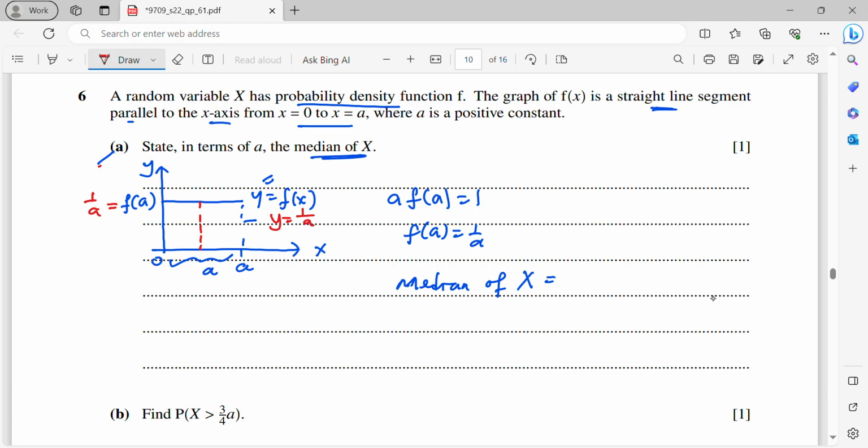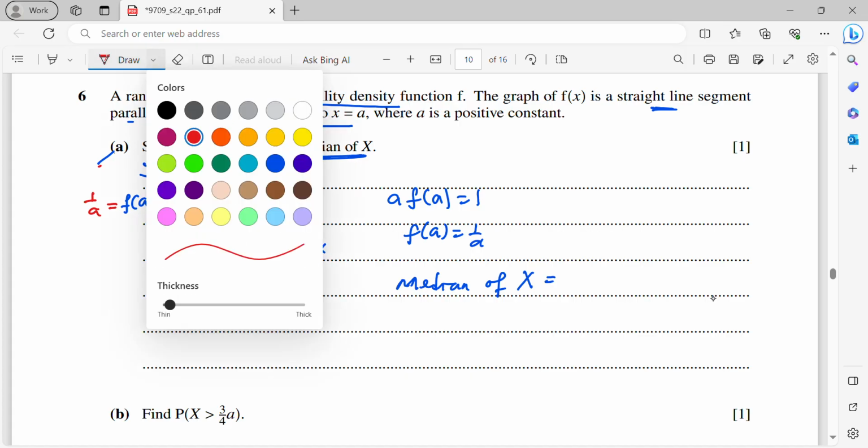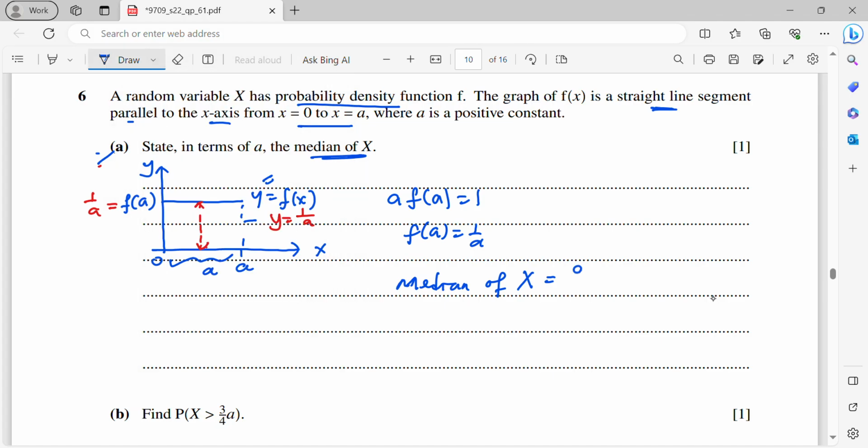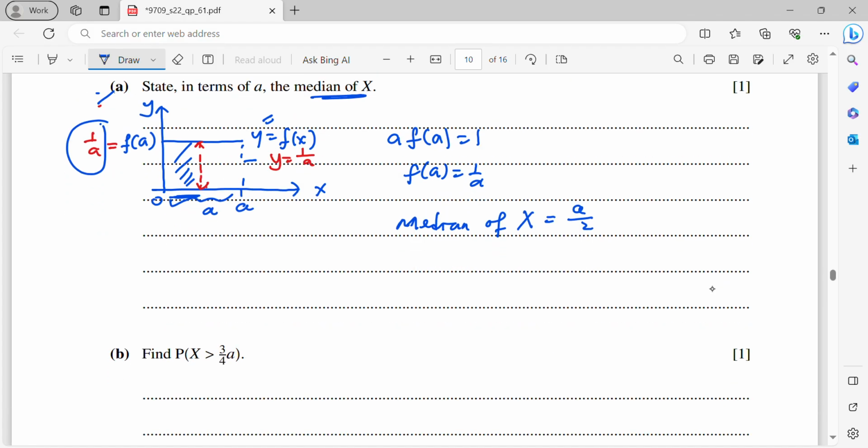Okay, so the median of X is a over 2, right? Because I know that here is 1 over a, then the area is half. So 1 over a times a number equals half. That means it must be a over 2. Okay, so that's the median.